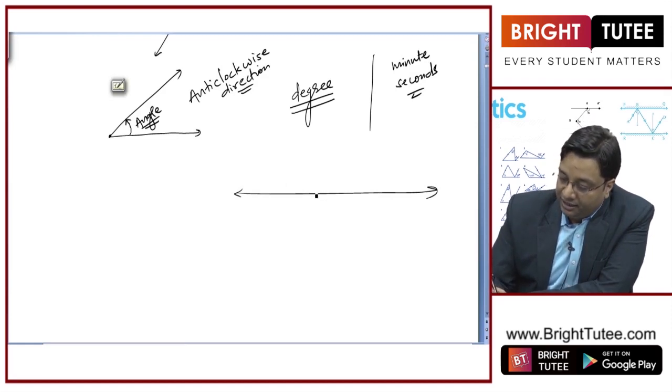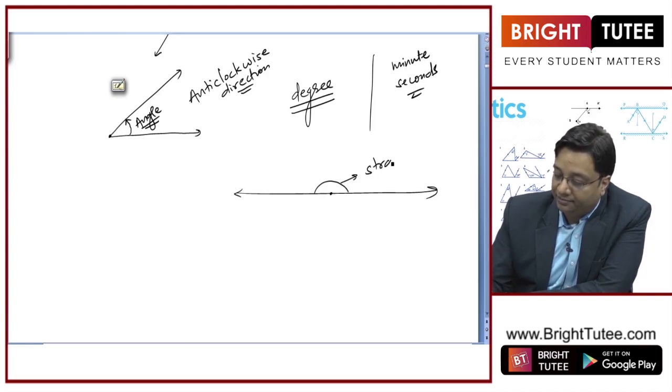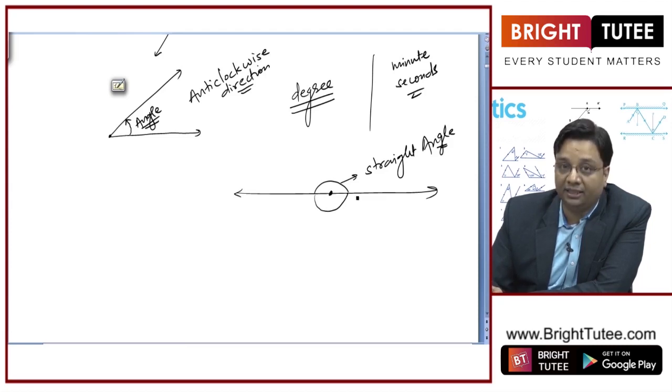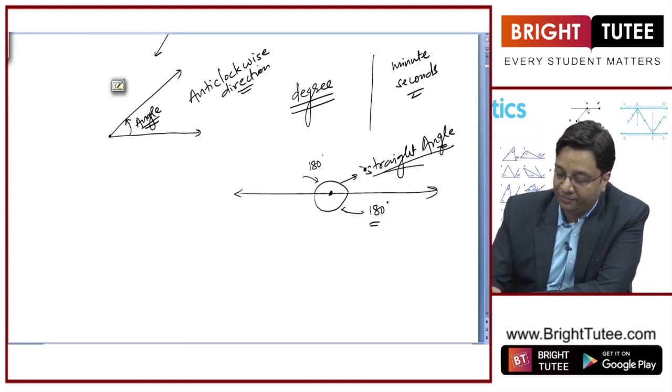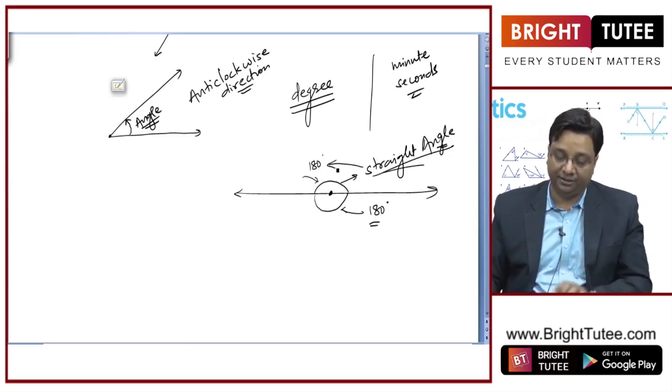When there is a straight line and an angle on one side, it is known as a straight angle. You know that the total angle about a point is 360 degrees. So on one side we have 180 degrees and on the other we have 180 degrees. So a straight angle is basically 180 degrees.